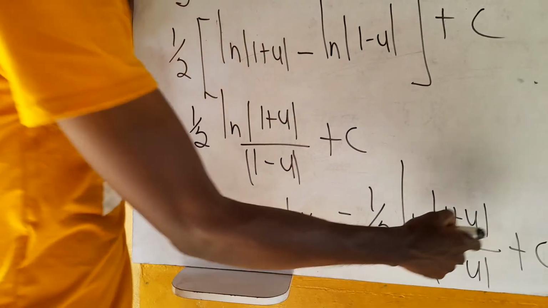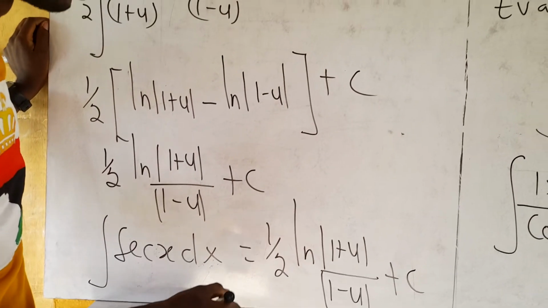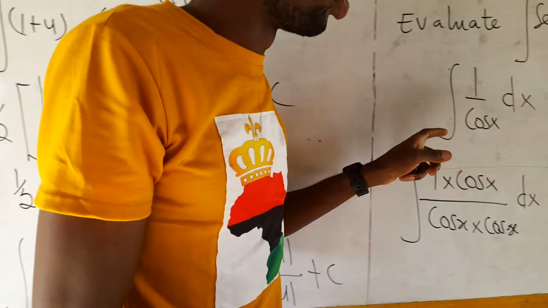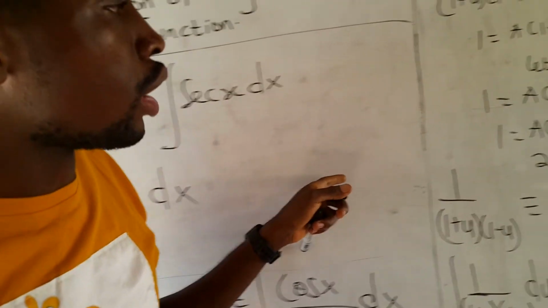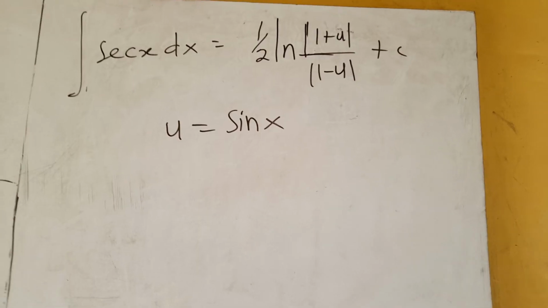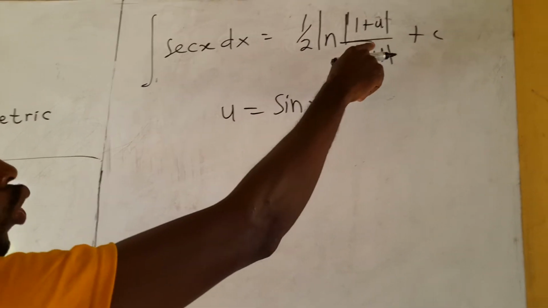However, u is not here, but we said u should be equal to something. So we remember we said u to be equal to, look at it, we wipe that from the beginning. We said u should be equal to sin s. So in place of u, we put sin s.